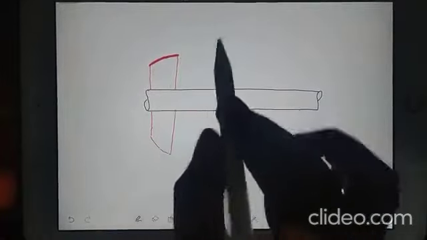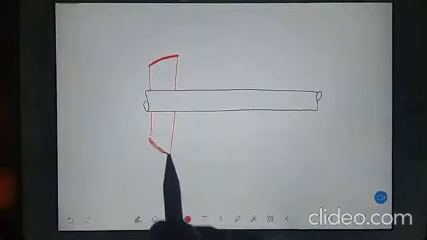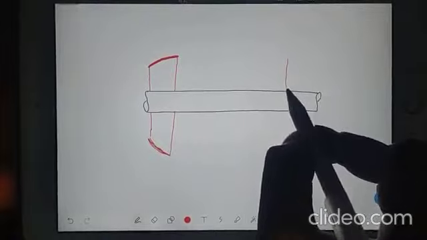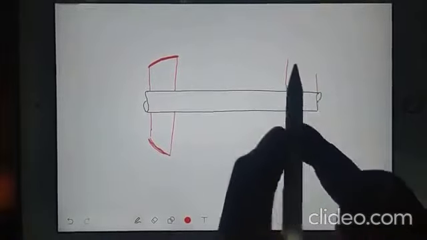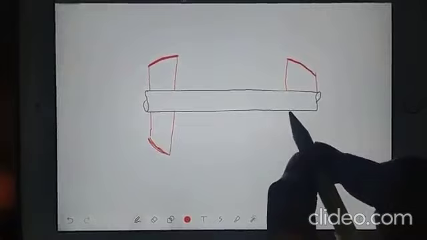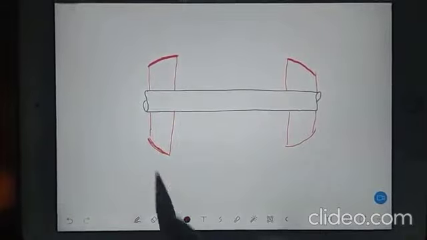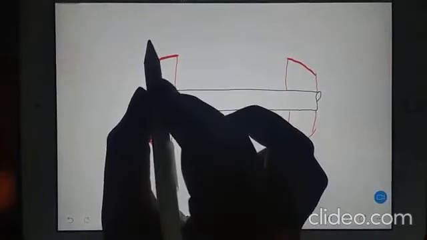See, it is increasing. Okay, keep in mind, increasing. And then I will draw the turbine here, decreasing. And then I will draw blades here.